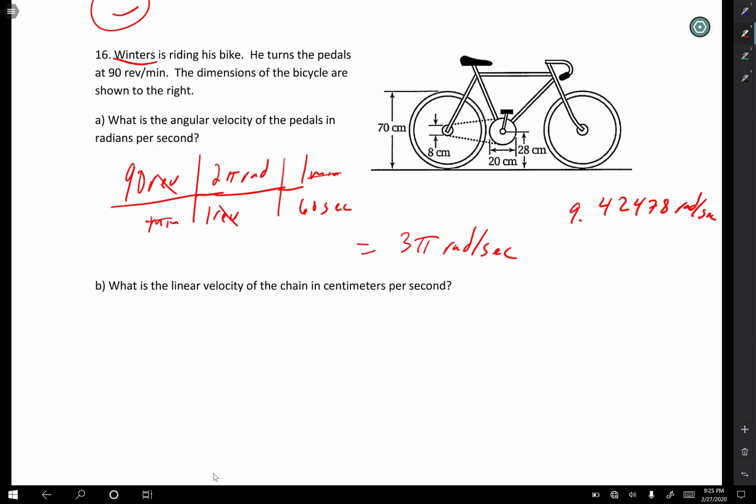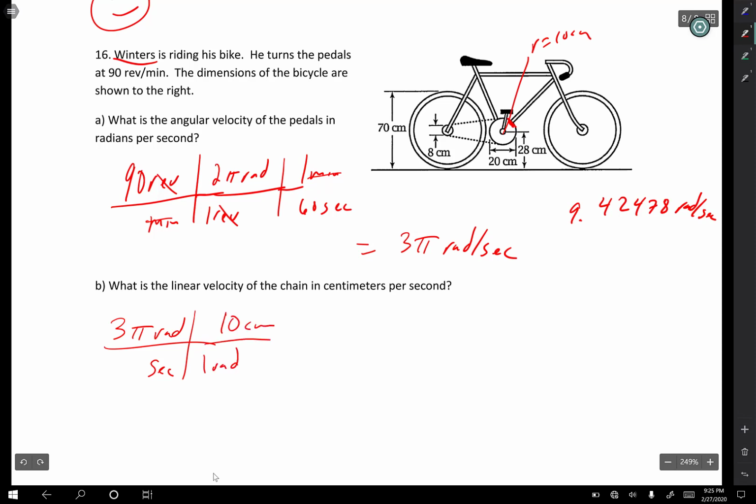Well, you already have it in radians per second, guys. So just convert that, because that's how fast this chain is going, because when you pedal, it's connected to that front sprocket. So 3 pi radians per second, and since it's connected to the front sprocket, the radius is 10 on this guy. So in 1 radian, you cover 10 centimeters, because really 1 radian just means the radius.